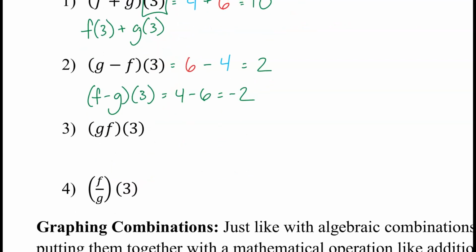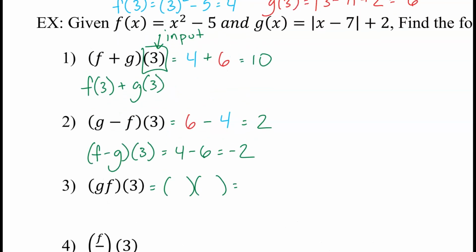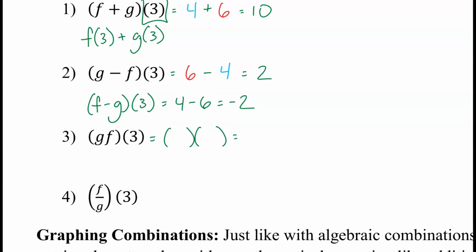Then we're going to multiply g of 3 times f of 3. So what was g of 3? 6 times 4. Wait, miss, why did you switch the f and g?